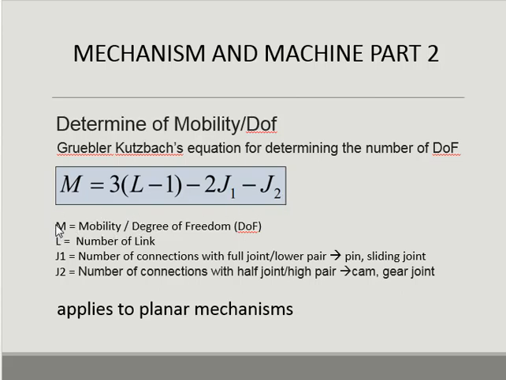M is mobility, L is the number of links, J1 is the number of connections with a full joint or lower pair, like a pin and sliding joint, and J2 is the number of connections with a half joint or higher pair, for example cam and gear joints. This equation is applied to planar mechanisms.